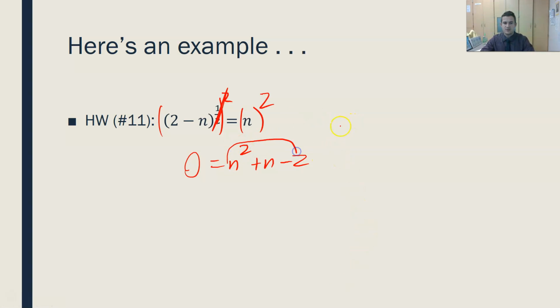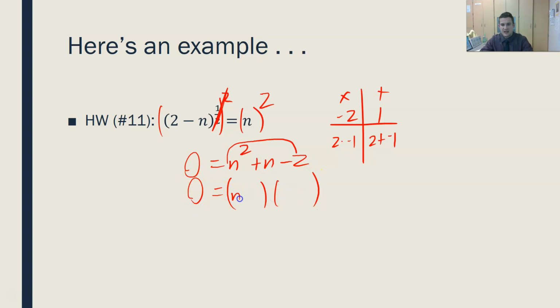Okay, when I factor this, I need to find two numbers that multiply to make a negative 2 and add up to 1, which would be 2 and negative 1, because 2 times negative 1 is negative 2, and 2 plus negative 1 is 1. So when I put this into individual factors, I get n plus 2, n minus 1.